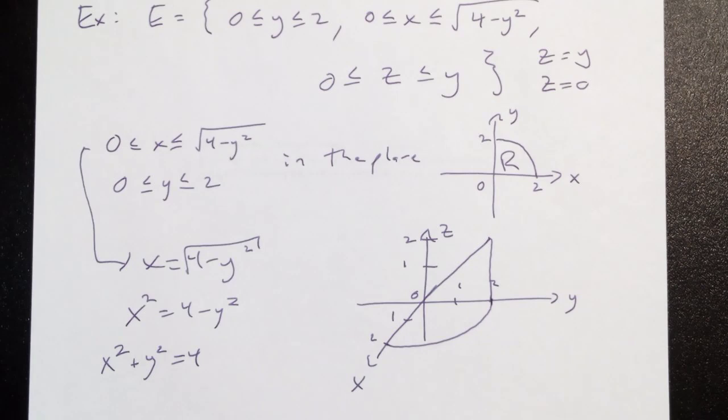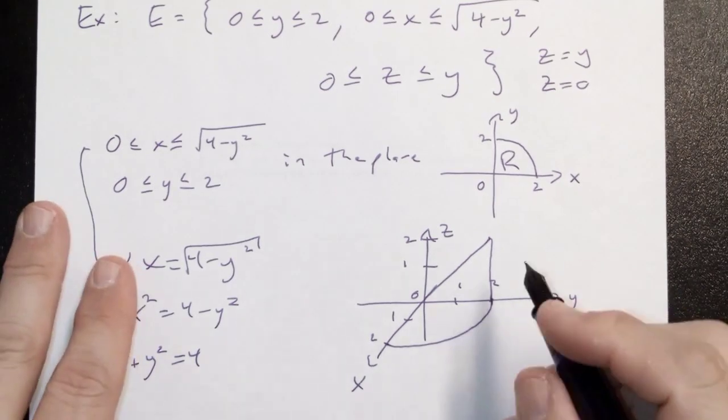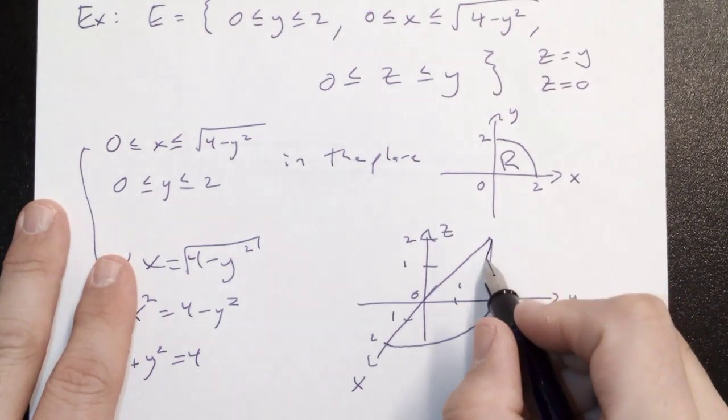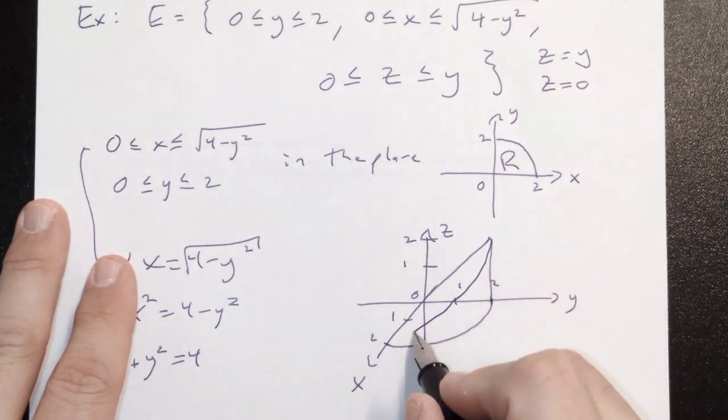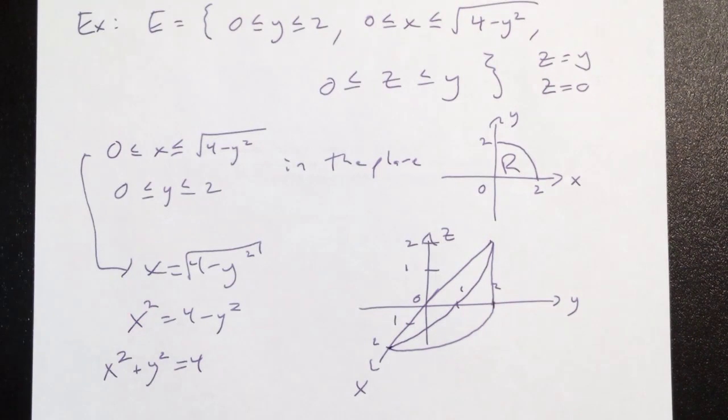So in front, there's like a curved wall that comes down to that point. I've taken a cylinder. I've cut a quarter of a cylinder, and then I've sliced it at an angle. I have a roof and a floor, right? The roof is the surface Z equals Y. The floor is the surface Z equals 0.